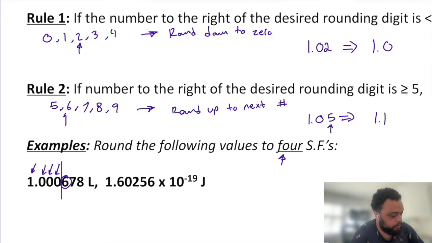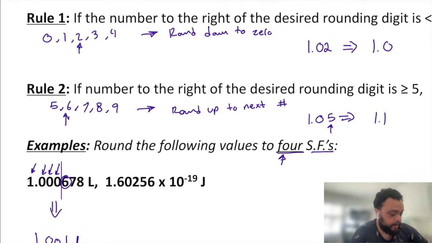Well, six is part of the round up numbers, so this number ends up being 1.001. And that gives us four significant figures. We have two non-zero numbers and two sandwich numbers. So 1.001. And don't forget your units. You're always going to want to remember your units.